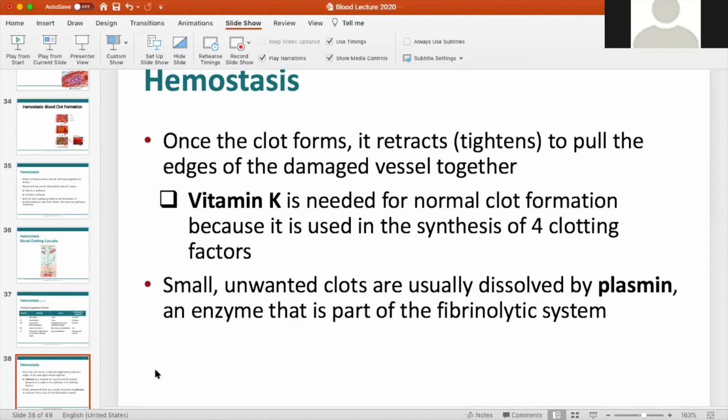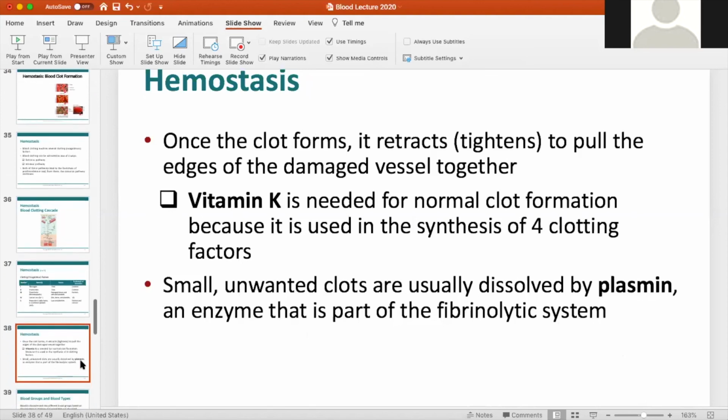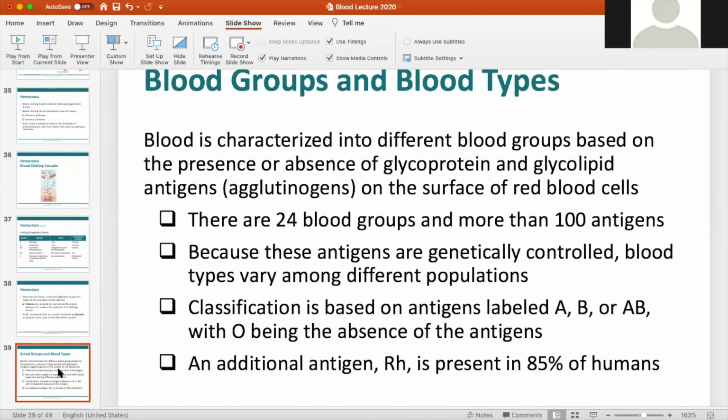So small unwanted clots are usually dissolved by plasmin, an enzyme that is part of that fibrinolytic system. So plasmin, how do we get plasmin?